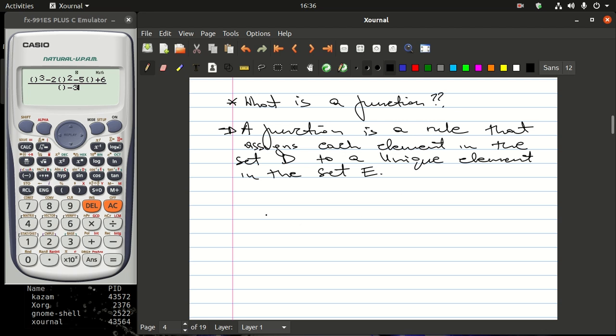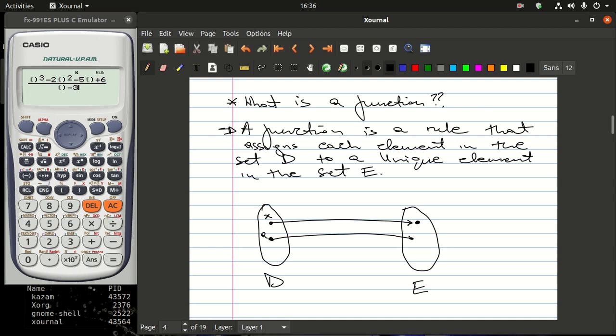So basically we have two sets. One set is here, we call it D, and we have another set here, we call it E, right? Now, what a function is actually doing, it takes one element here and maps it to some element there. So one element has one output, and I can maybe say this is just an x, and it also takes another element here, maybe we're going to call it A, and it maps to some element there, right?